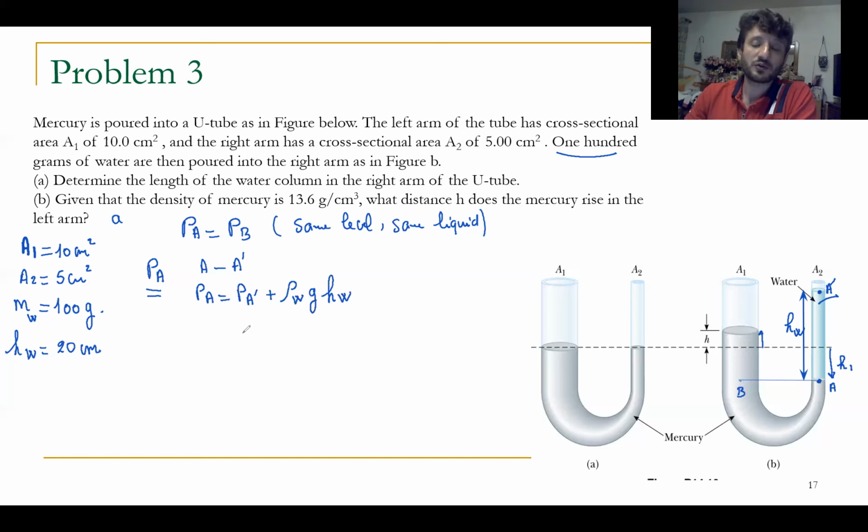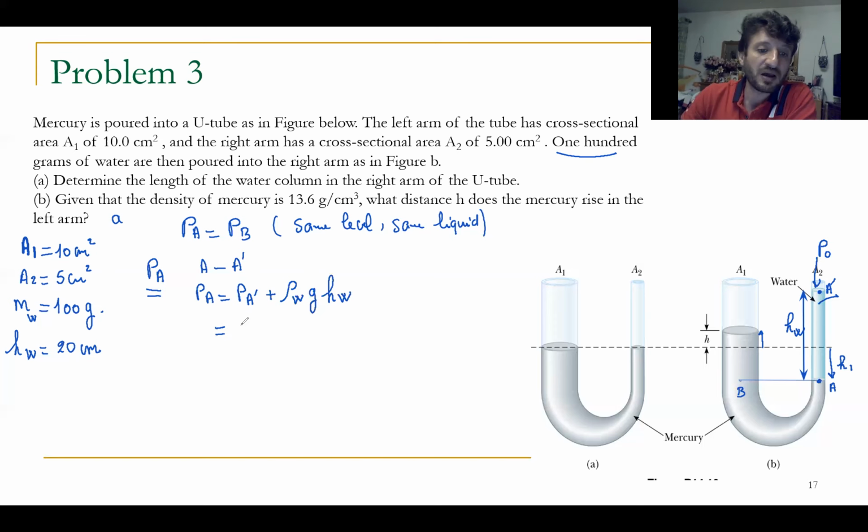Okay, we can use it in the other side. So PA equals PA prime. A prime is a point which is connected with the atmosphere, so at A prime we have P0, because A prime is in contact with the external atmospheric pressure.